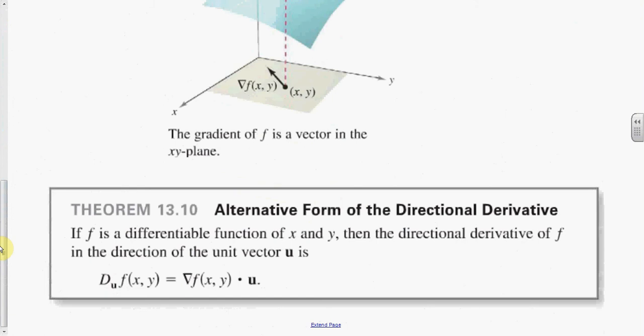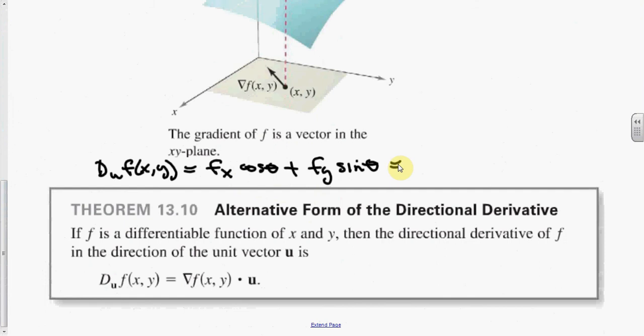There's an alternative form for the directional derivative. If you notice how the formula was given, it's the partial of f with respect to x times cosine theta plus the partial of f with respect to y times sine theta.